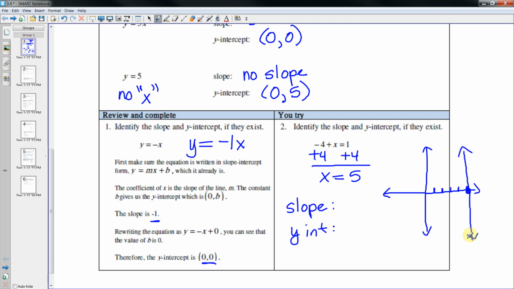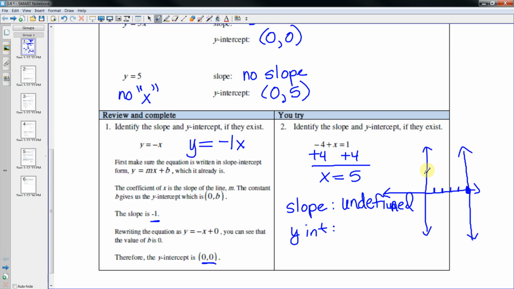So now let's think about that. Do you remember what the slope is on a vertical line? Well, the slope is undefined because it is a vertical line.